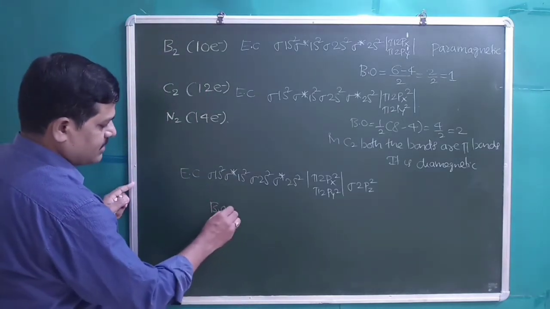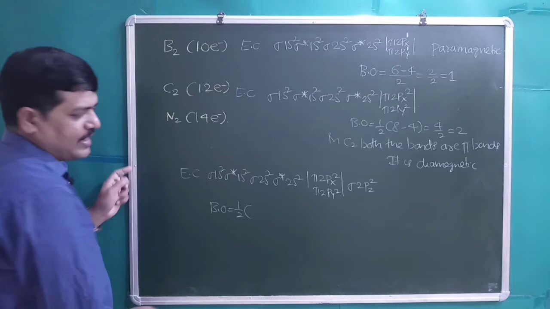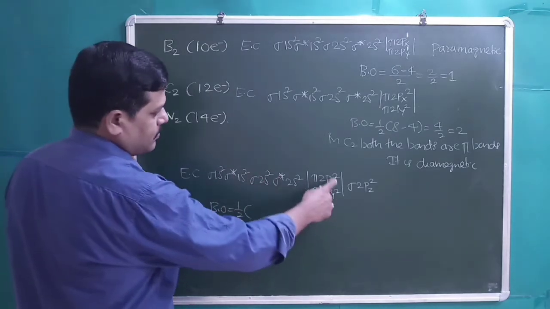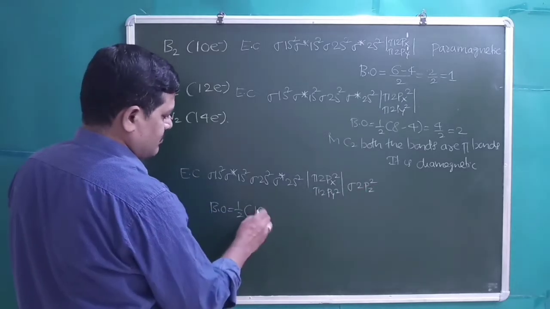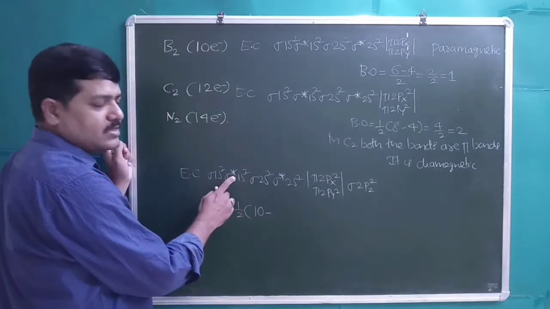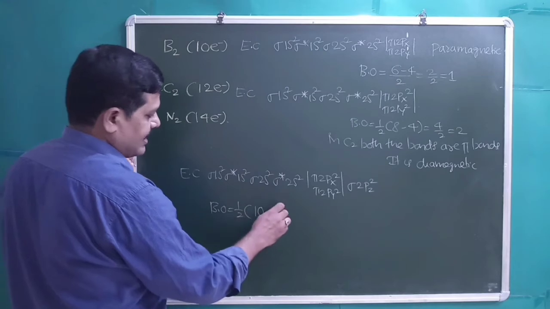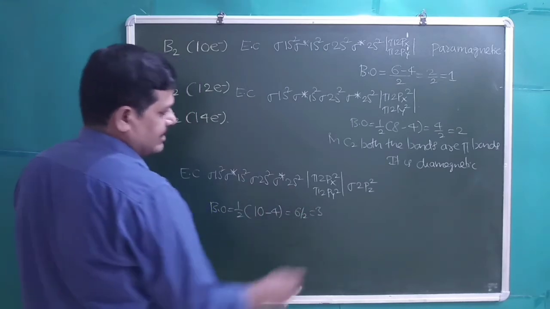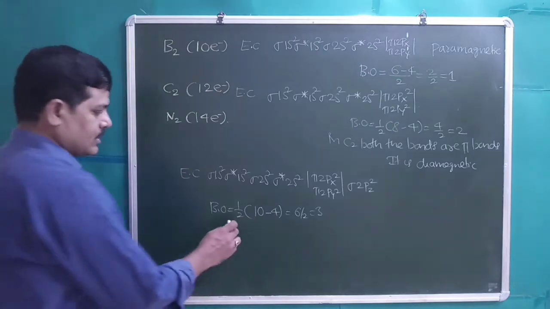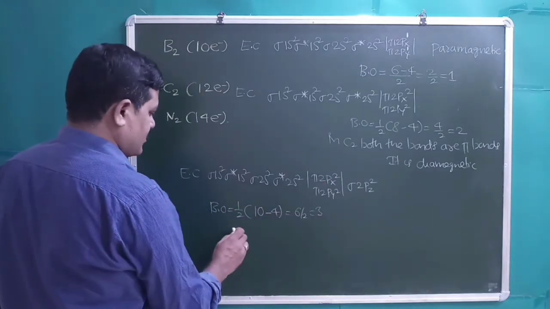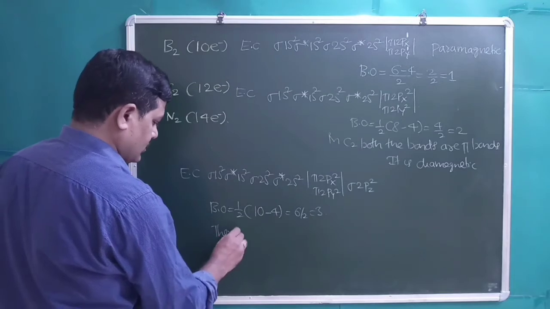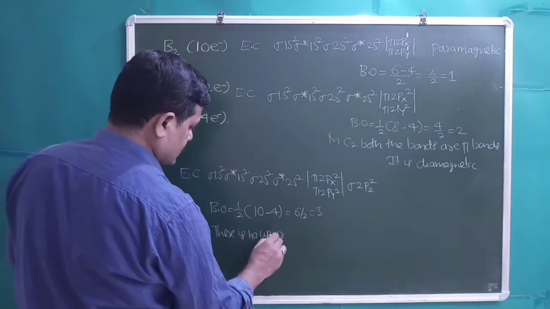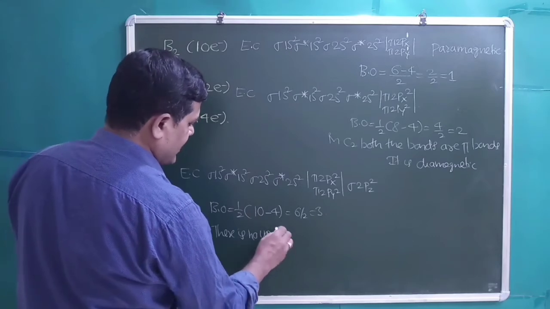Bond order is equal to half into number of electrons in the bonding molecular orbitals, 2 plus 2 is 4, 4 plus 4 is 8, 8 plus 2 is 10, minus number of electrons in the anti-bonding molecular orbitals, which is 4, so 6 by 2 is equal to 3. Bond order is 3 and there are no unpaired electrons.